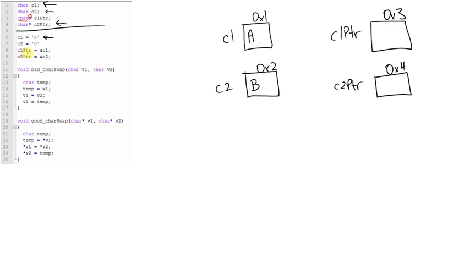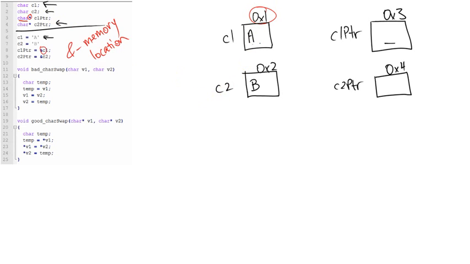C1 pointer is equal to ampersand C1. What ampersand means is by reference, but more colloquially, it's the memory location. So we're saying that the value of C1 pointer, in here, we're going to assign to where C1 exists in memory.